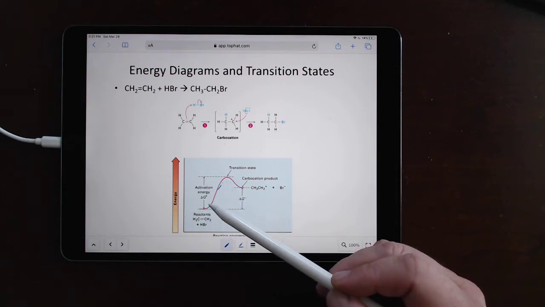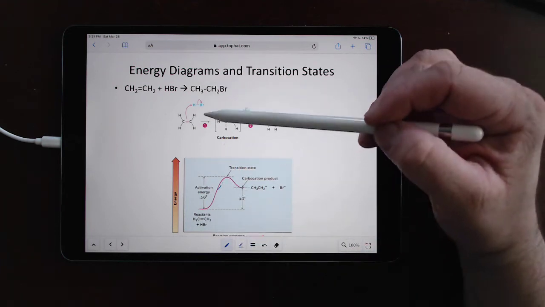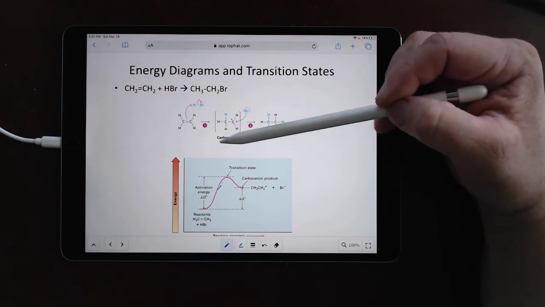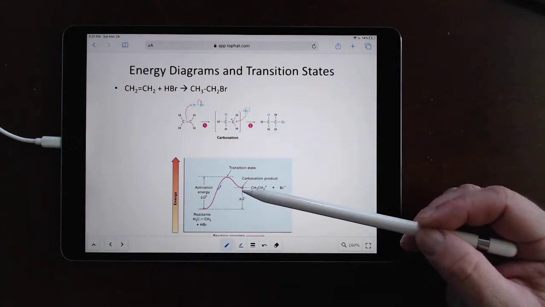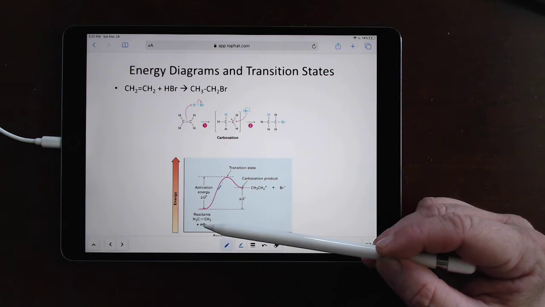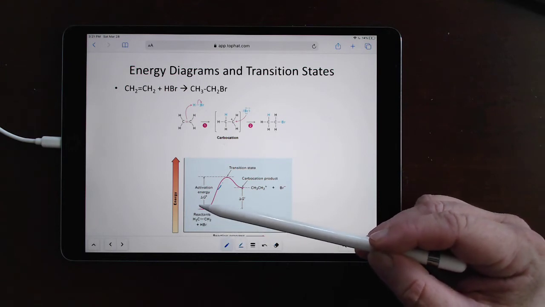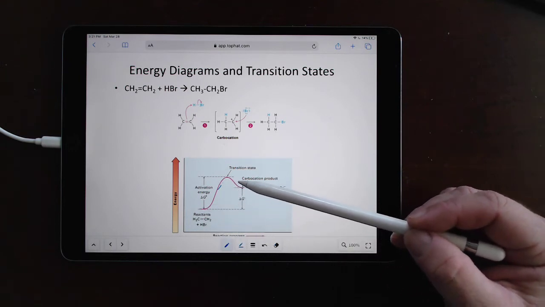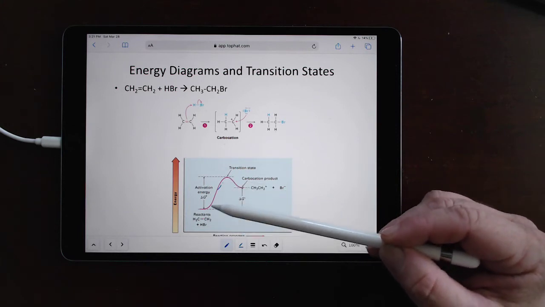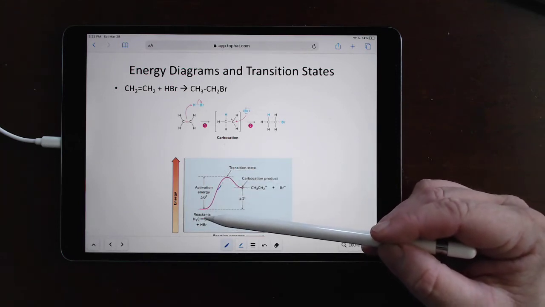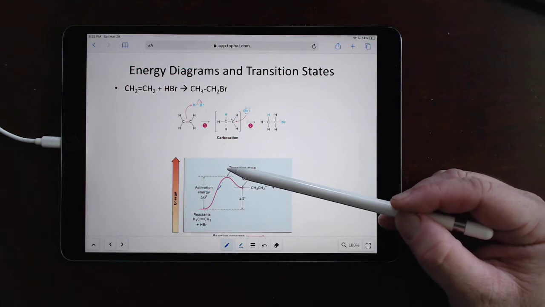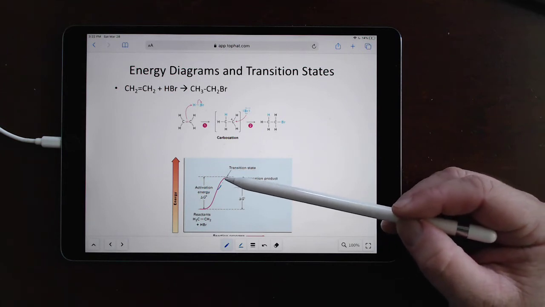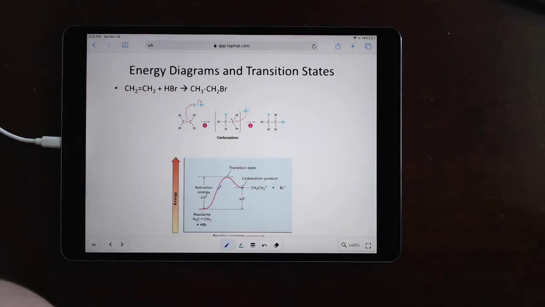So we have to put energy in, and we end up at a state that's not particularly stable, a less stable state than what we started with. The hump that we have to get over is what's called the activation energy. This transition state here is where the bond is stretching out.